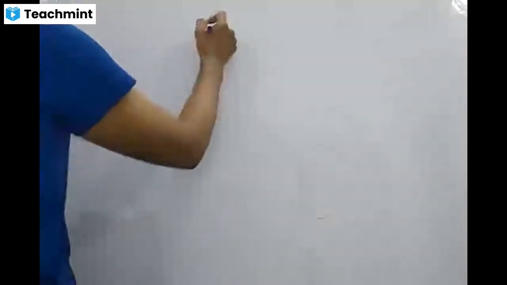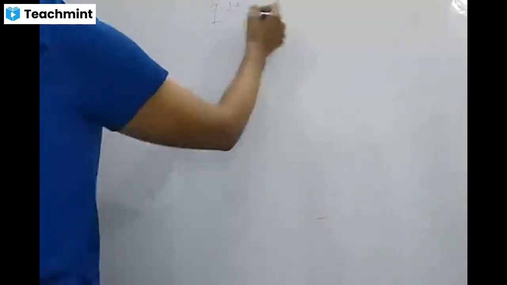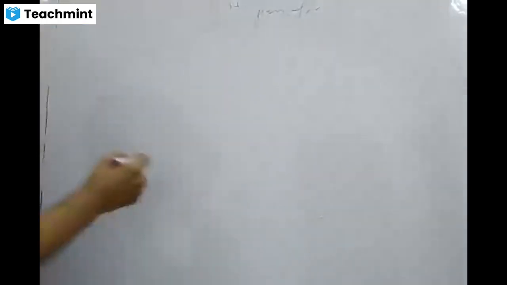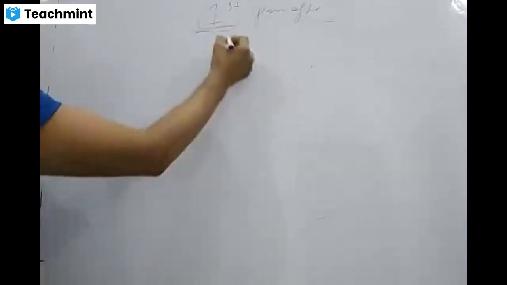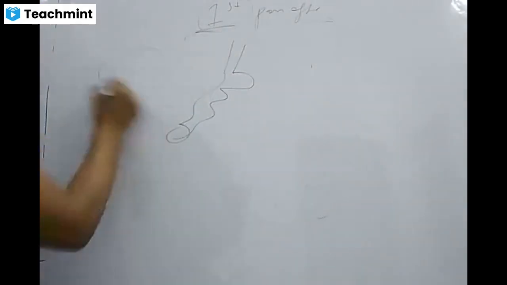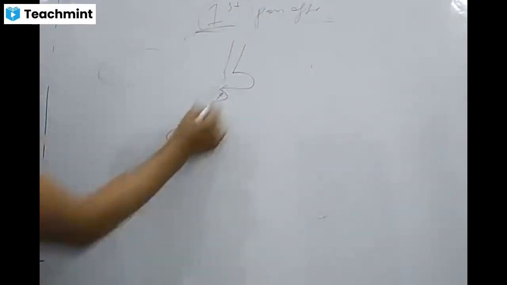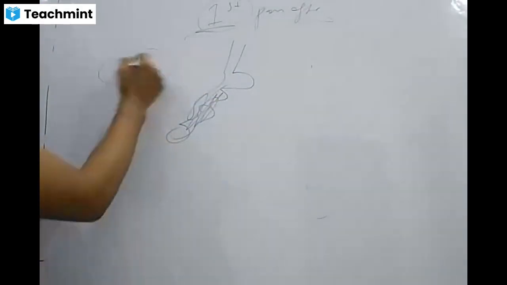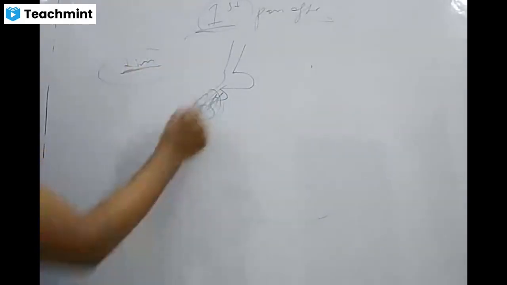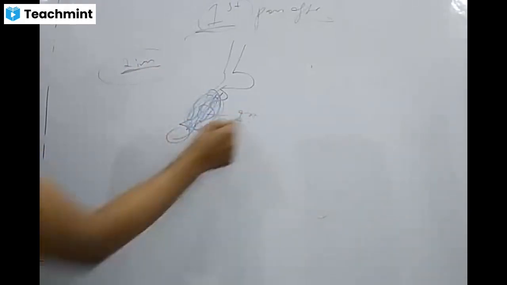There is nothing like second pass effect. We always read first pass effect. First pass effect means the first time the drug is passing, like from the GIT, there are many enzymes that will destroy our drug. Second is the liver. If you call the first time it is passing through the GIT as first pass, then this will be your first pass.